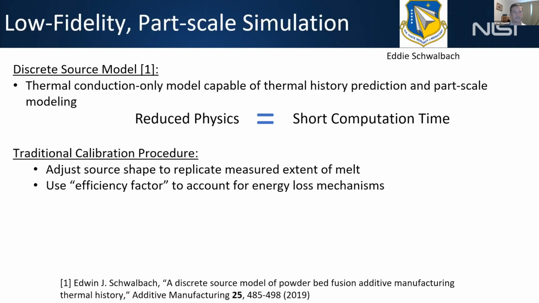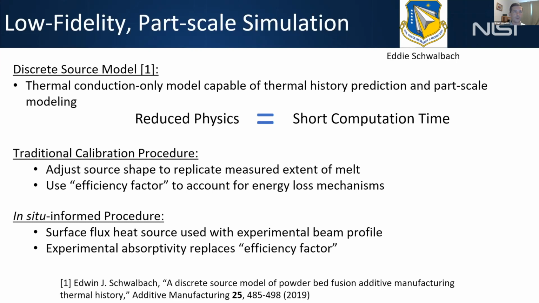Since we had this additional data, namely the absorption data that we were taking at the same time that these parts were made, we also wanted to test a new calibration procedure, something we're calling the in situ informed procedure. Because we know experimentally what our source shape is, that's something we actually measured before the experiments, let's pin the source shape to match exactly what we know it to be.